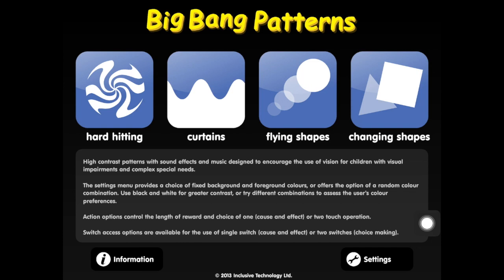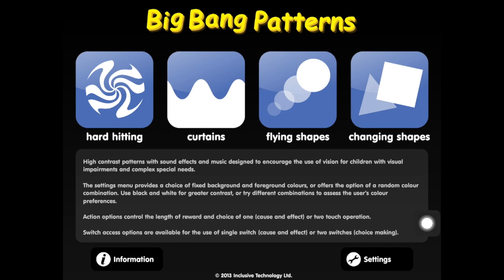Curtains is very similar, but it moves across horizontally. Flying shapes kind of changes intermittently between vertical and diagonal movements of shapes. And then changing shapes are things that might go from one shape and morph into another one.